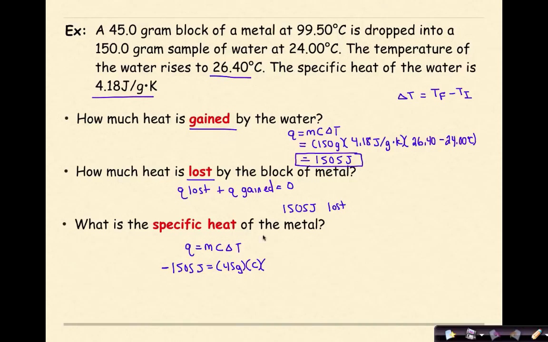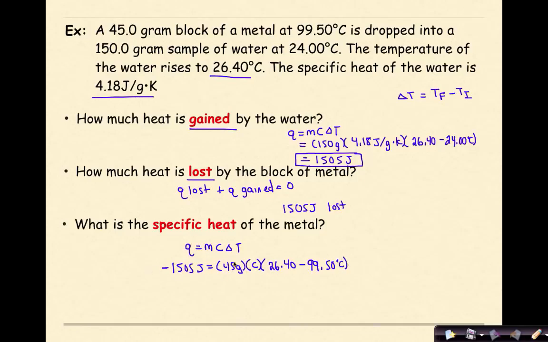The final temperature of our water metal mixture is 26.4 degrees Celsius minus the initial temperature of the metal, which is 99.50 degrees Celsius.